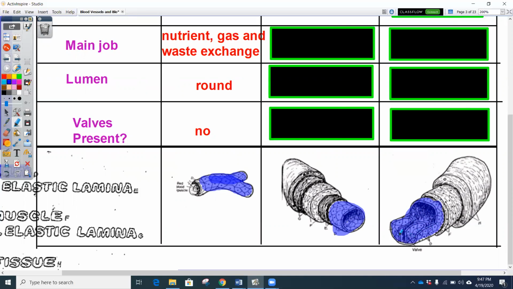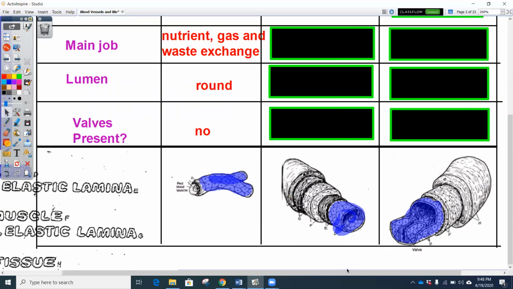It makes up the innermost lining of these two vessels. And it is still called endothelium, and it is still simple squamous epithelium. Okay, so be careful with the wording here. I know it's a little bit tricky with endo and epi, but it's just, again, that specific term given to that simple squamous epithelium of your blood vessels.